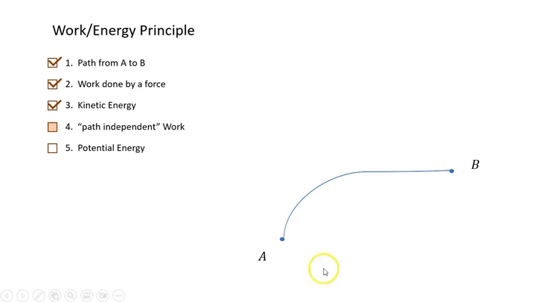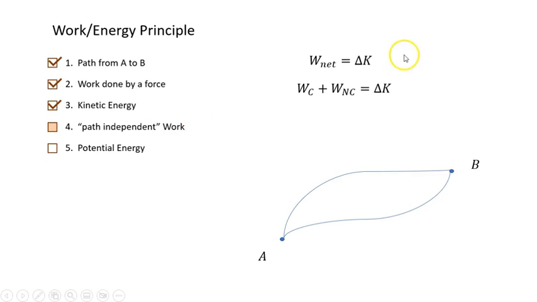So you would expect that the work done going along this path from A to B would be different from the work done along a second path or any other path. But it turns out that there are some forces where the work is path independent, that even though generally you need to know the details of the path, sometimes you don't.